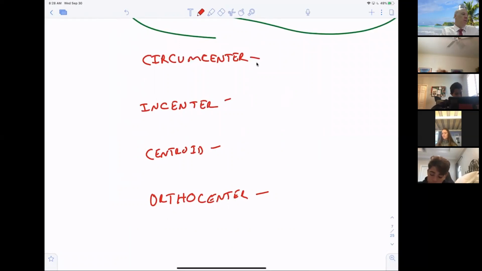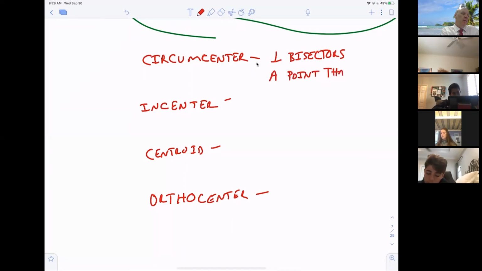All right, so I need a volunteer for circumcenter. Who remembers the circumcenter? Tell me. Perpendicular bisectors. That's the perpendicular bisectors. And perpendicular bisectors allow you to find a point that is what?